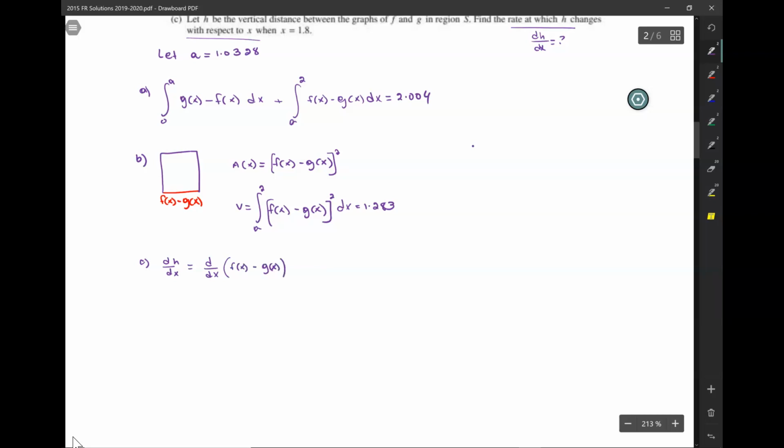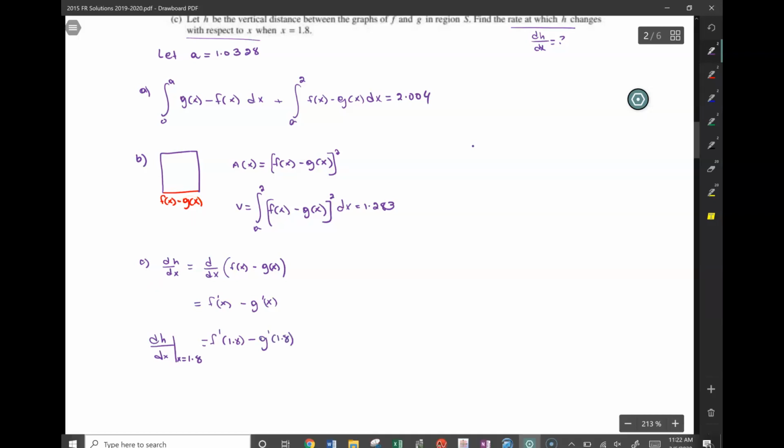So that in the parentheses is H. Now, if I want the derivative of that, that's just f prime of x minus g prime of x, but we want this evaluated at x equals 1.8. So really what I want is f prime of 1.8 minus g prime of 1.8.